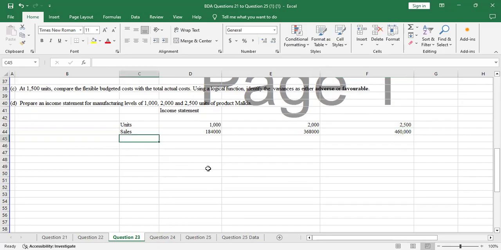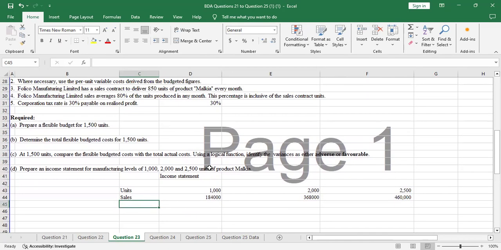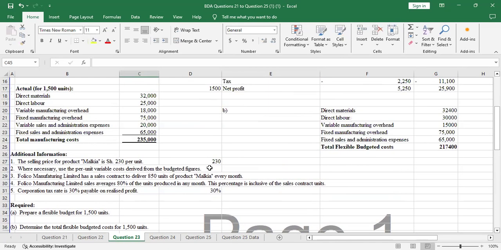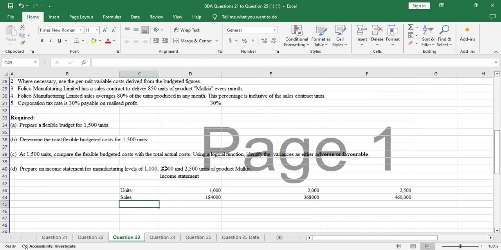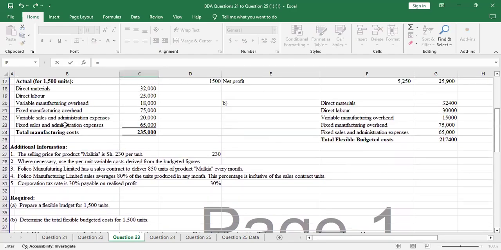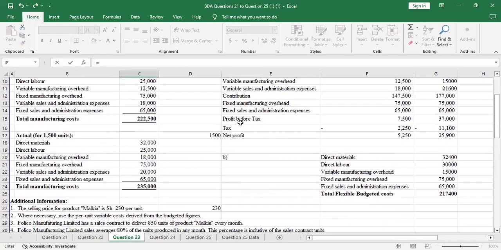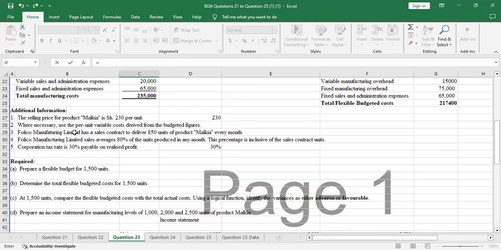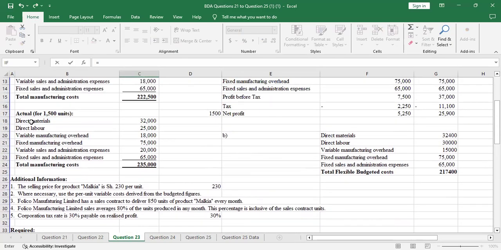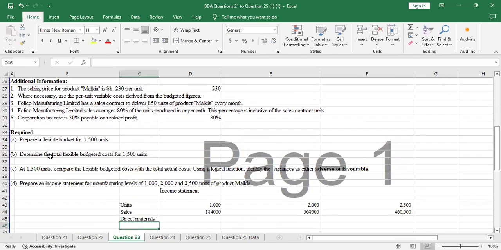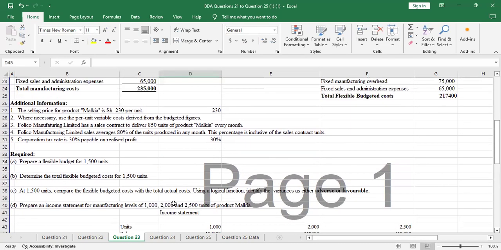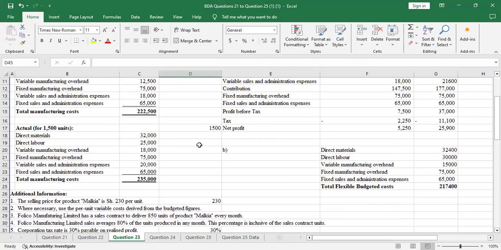Then we now come to cost. I'll start with the variable costs, starting with the direct material. I'll do the same thing I've done. That's how I'll do the income statement. Start with the direct materials, but this is now under actual. So here we are going to look at the direct material cost per unit.